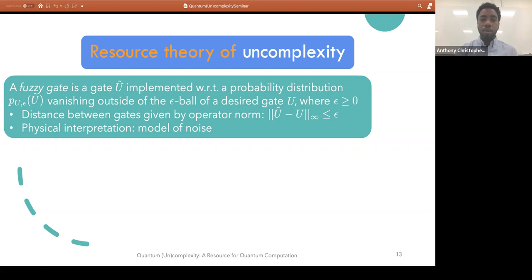Now, in order to quantify the epsilon ball more precisely, we need to state that the distance between gates in the set SU(4), in this case, is given by the operator norm. That epsilon parameter just tells us that our fuzzy gate U tilde will be some distance less than or equal to epsilon from the desired gate U in terms of the operator norm. Sorry, my bad.